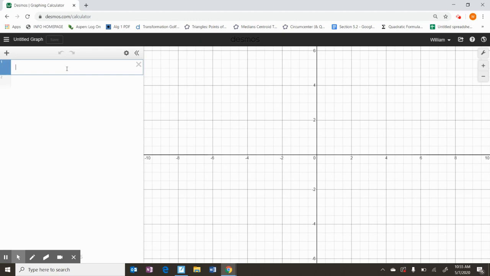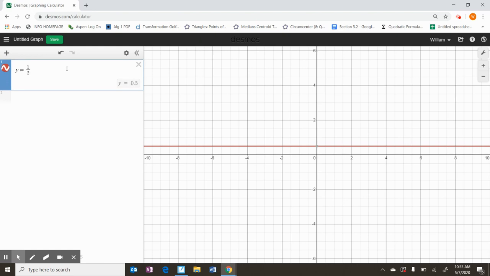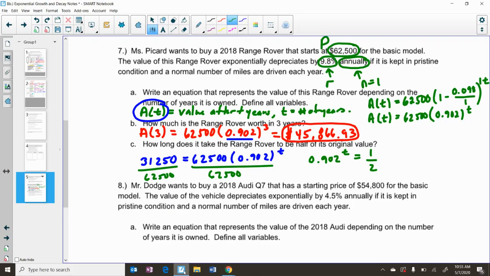All right. So the first thing that we're going to do here is graph y equals 0.5. Actually, I'm going to do y equals 1/2. So y equals 1/2 is the right-hand side of the equation.